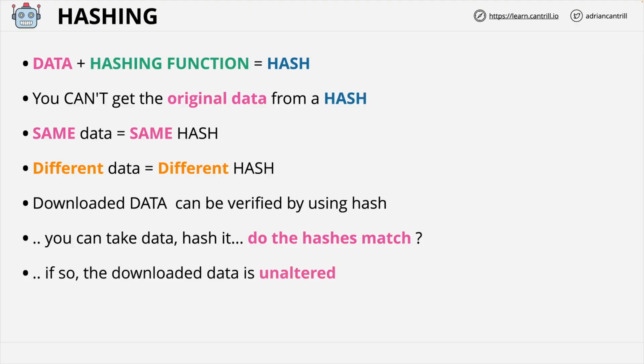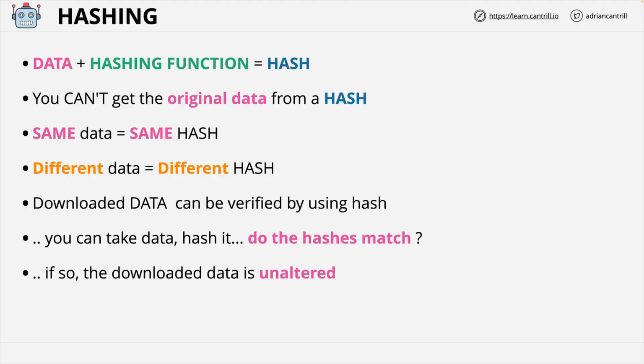If they differ, then it means that what you have is not the same data as what was made available by the original author, and this is a process that's very often used to verify sensitive applications. So if you're downloading any form of application which stores sensitive data or operates on sensitive networks, then you'll generally find that a hash will be made available by the author of that application, and it can be used to verify that that download has not been adjusted.